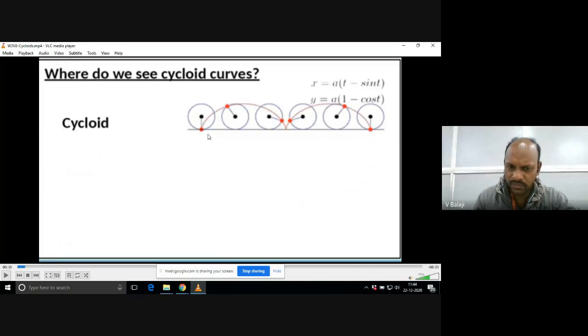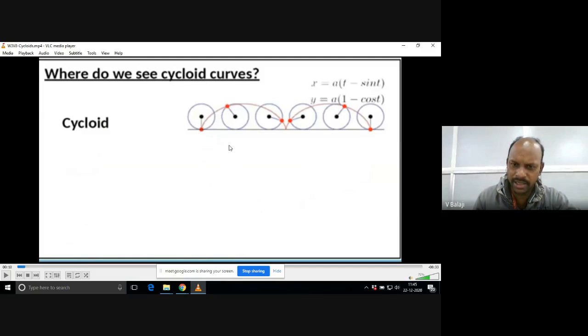If it is rolling for one complete revolution, that is, if it is traveling a circumference 2 pi r, that means one complete rotation, what happens to this point? It is also traveling a distance of 2 pi r. So this path I call a cycloid.